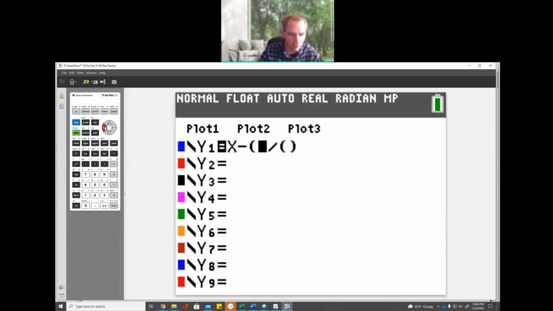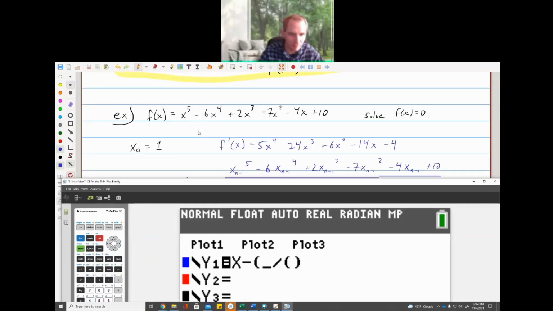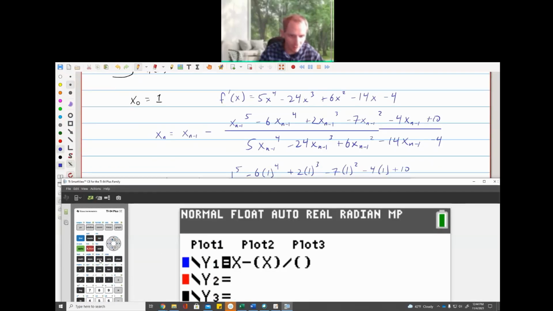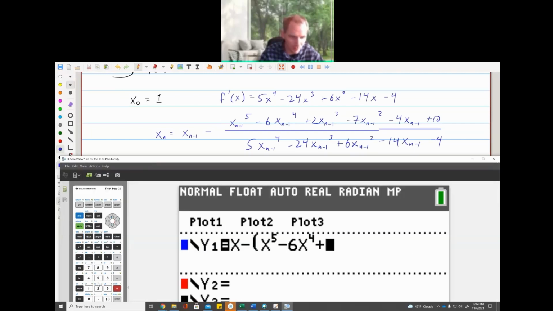So then I'll go ahead and put in the numerator. Let's see if I can get these both on the screen at the same time. Okay, so I have x to the 5th minus 6x to the 4th plus 2x to the 3rd minus 7x squared minus 4x plus 10.